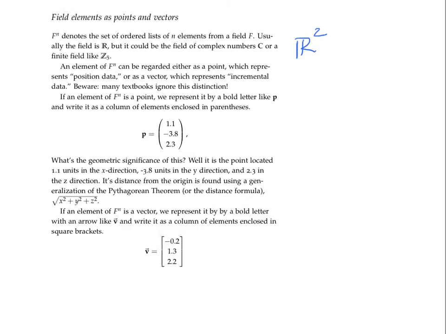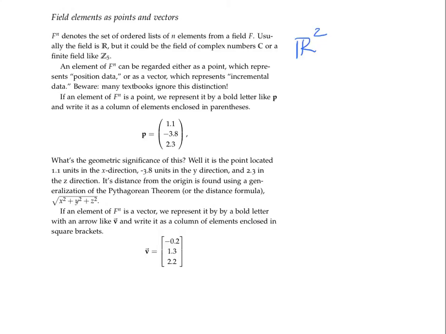That's a generalization of the Pythagorean theorem. Once we move out of R2 into R3, that Pythagorean theorem still gives us the basis for how to compute distance from the origin. So it's the square root of the sum of the squares. In this case, it would be the square root of 1.1 squared plus -3.8 squared plus 2.3 squared. So that's how we talk about points.